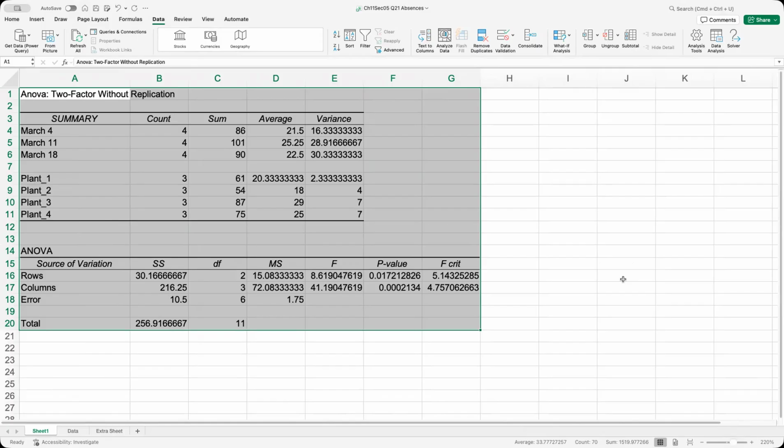So now the question is, what are the answers? Based on the question I was asked, does this show a difference in treatment means? The alpha is 0.05.